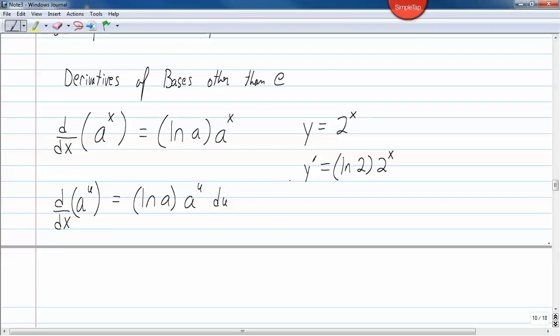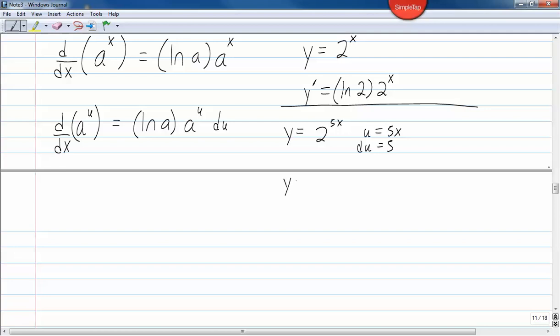Okay, so let me throw in an example. Let's say that it was y equals 2 to the 5x power, so something other than just x. And I want to find the first derivative. So my u is 5x, which makes my du equal to 5. I'm not doing an integral, I'm doing a derivative.